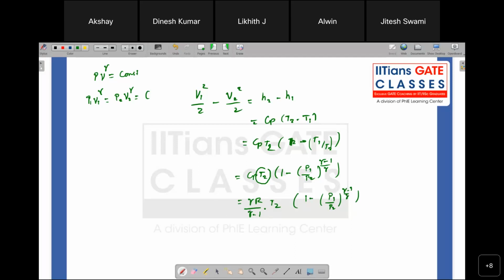So what is R times T2? If I have P equal to rho RT, that means RT is equal to P by rho.